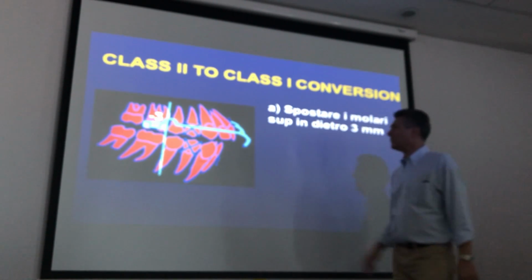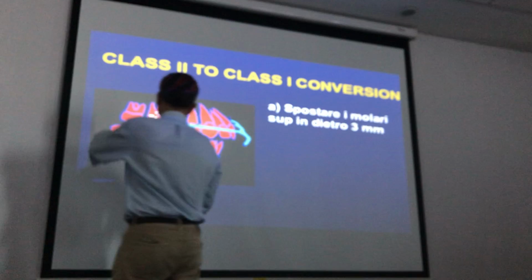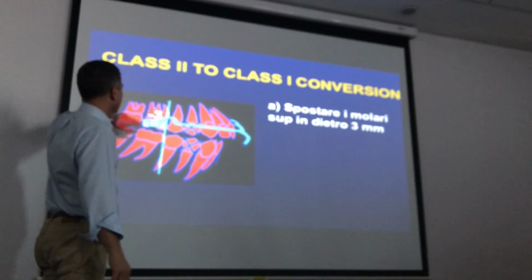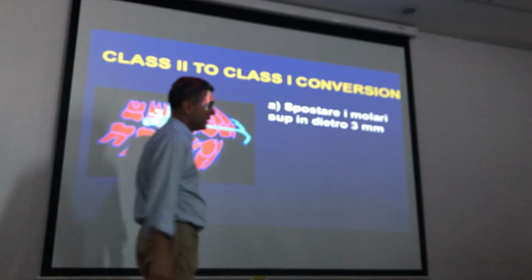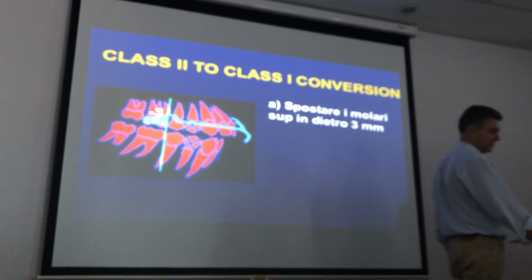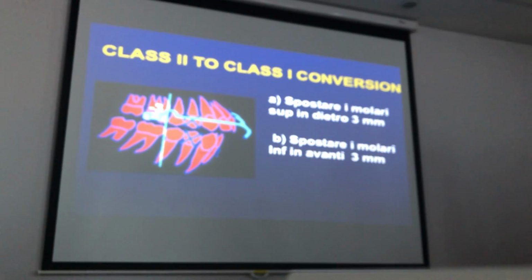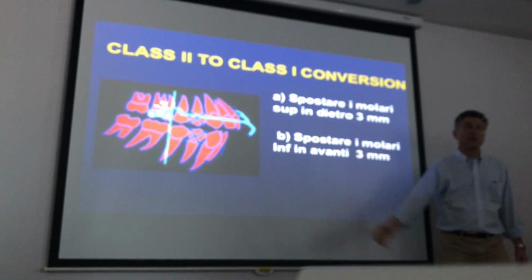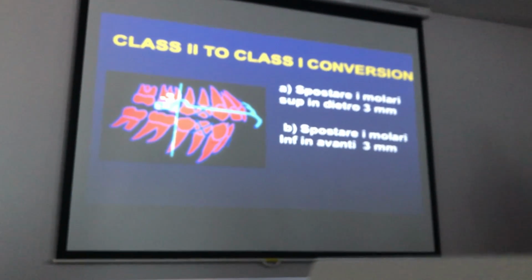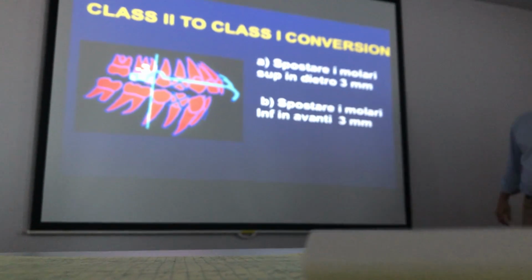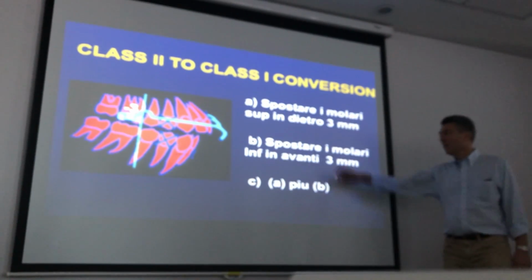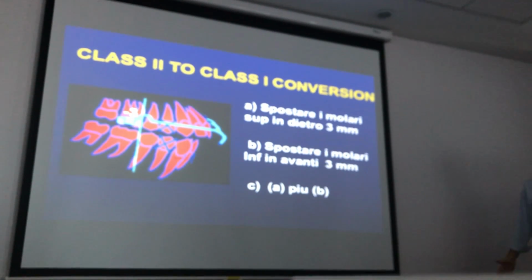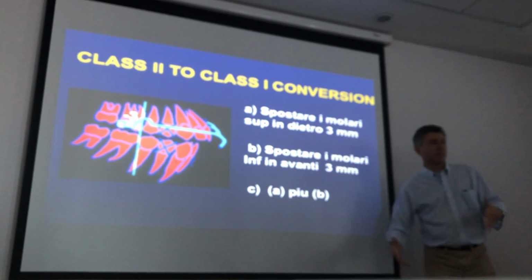So if you have a class 2, we could move the upper molar 3 millimeters back. Or we can move the lower molar 3 millimeters forward. Or we can do any combination. Okay?